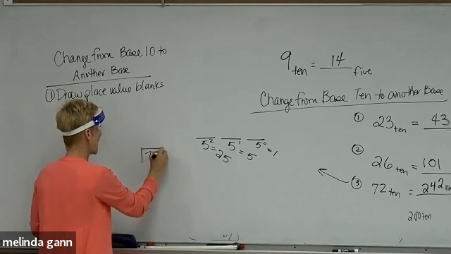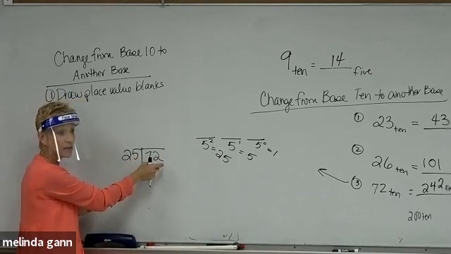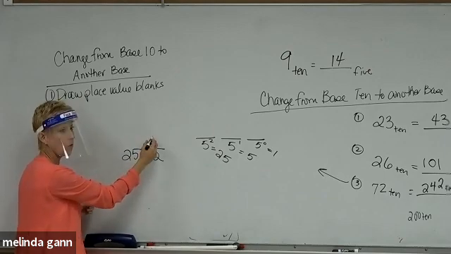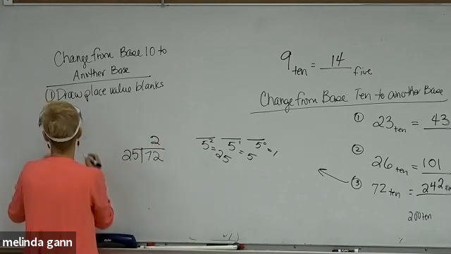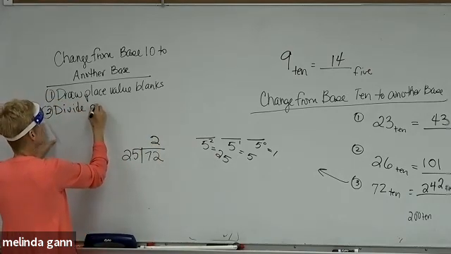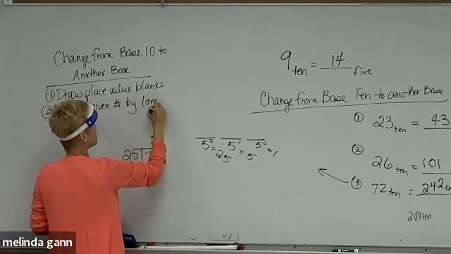You decided how many 25s you could pull out of 72. How many can you pull out? 2. So you're going to divide your given number by the largest place value.